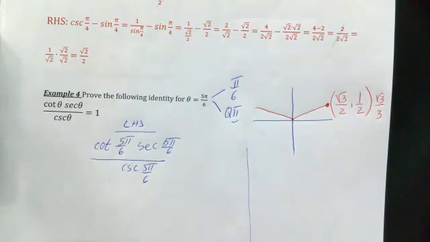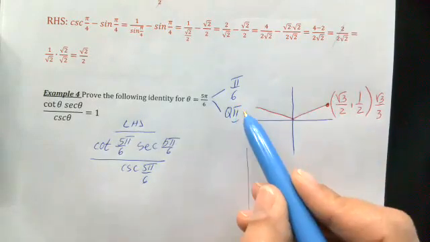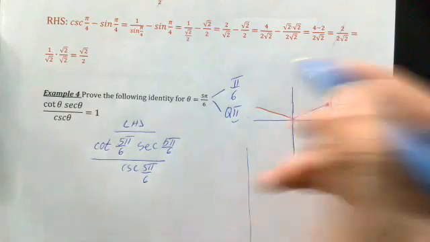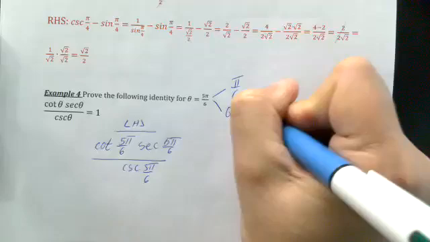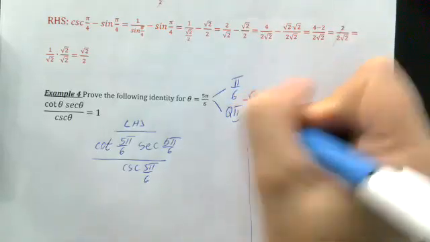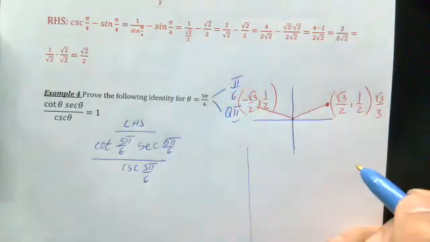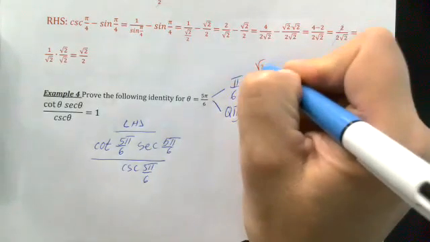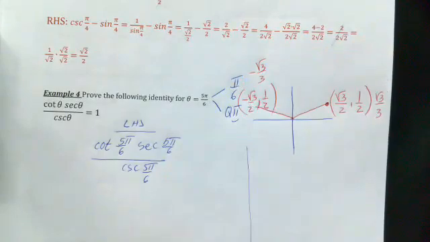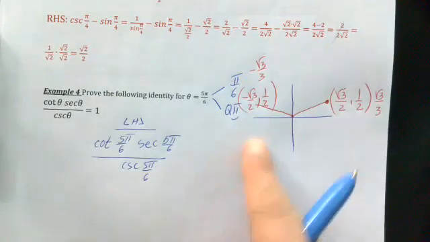The cosine square root of 3 over 2, sine is 1/2, and tangent square root of 3 over 3, right? Okay, now I just have to be careful that in quadrant 2, the x is negative, so negative square root of 3 over 2, the y is still positive, right? And then the tangent value will be negative or positive? Negative, right? So you have to be careful because you're in quadrant 2.